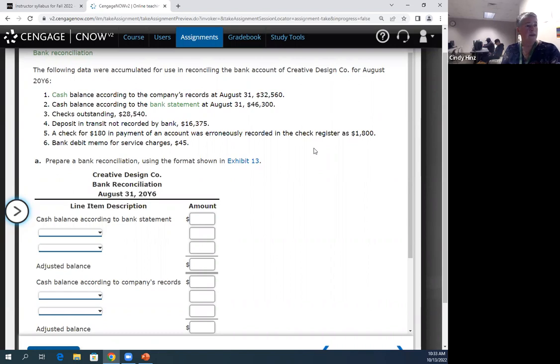So let's go ahead to our first exercise for today, and that is related to bank reconciliation. As we talked last week about internal controls and the obligation of the company to protect the assets of the company, we're talking this semester about publicly traded companies.